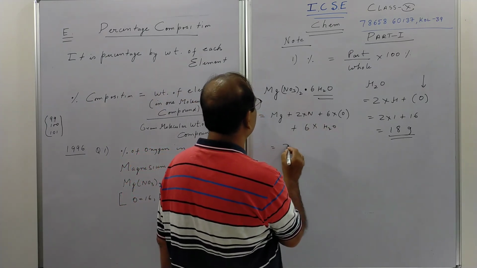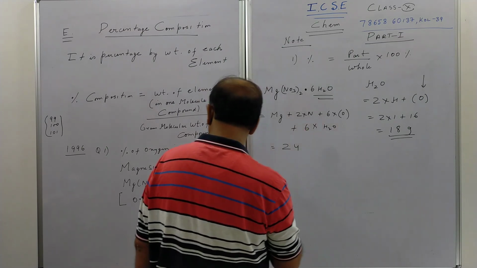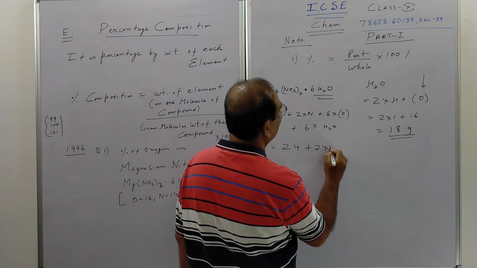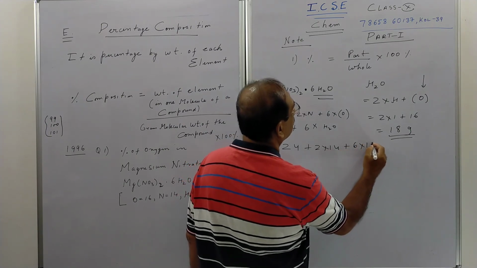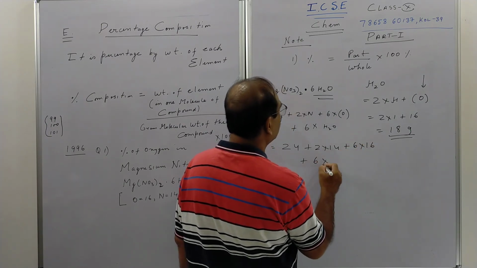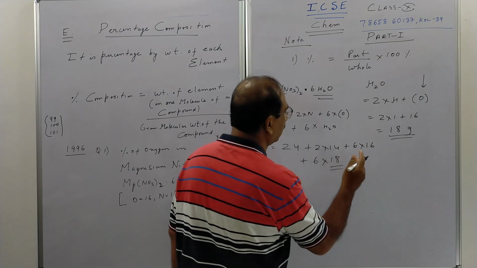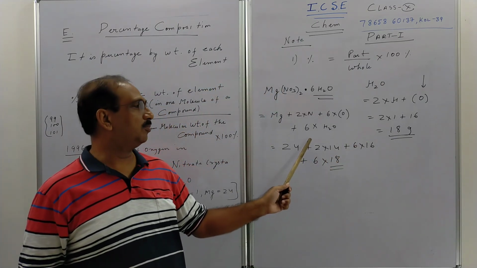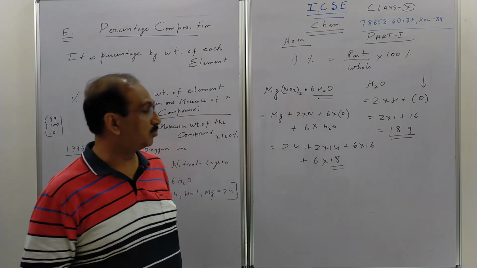So how do we get this, children? See, magnesium is 24, so generally it is given. Nitrogen is 14, oxygen is 16, and each water molecule is 18. Once you remember about water, you can directly apply. Otherwise, you have to do 6 2s are 12 hydrogen and 6 more oxygen.